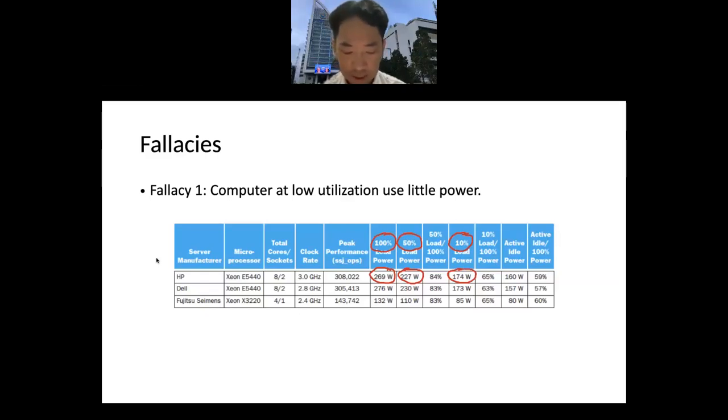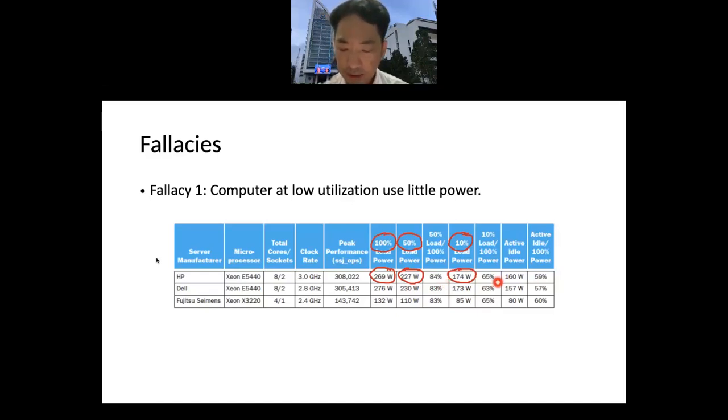You can notice that from 100% to 50%, the power at 50% load is 84% of the 100% load. So the load reduced from 100 to 50, but the power that the machine used dropped from 100 to only 84, not 50.